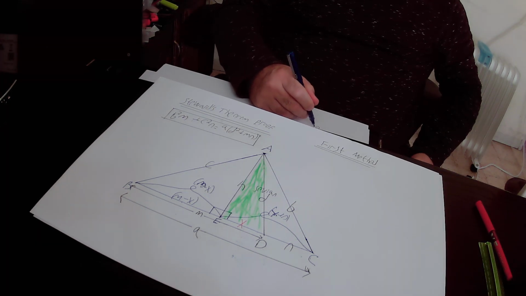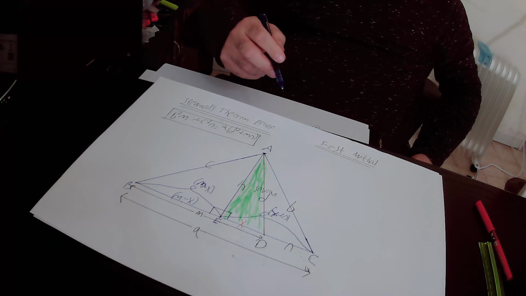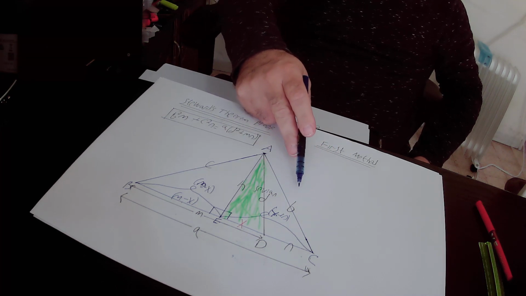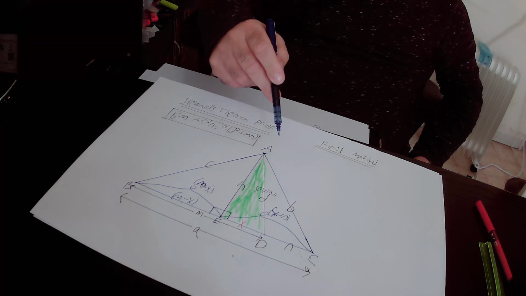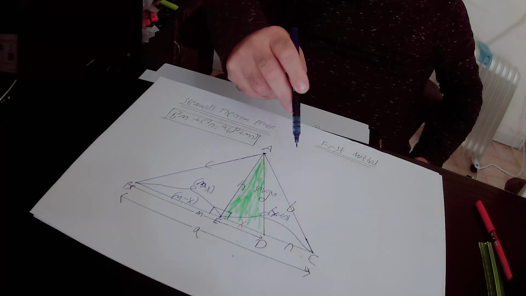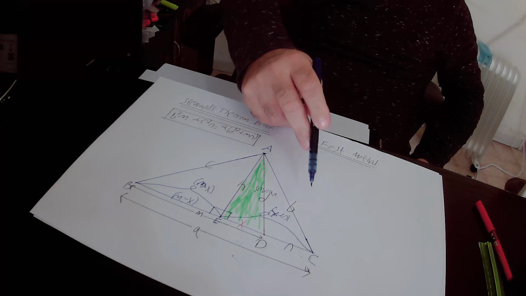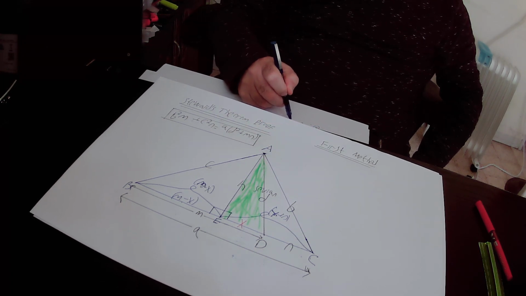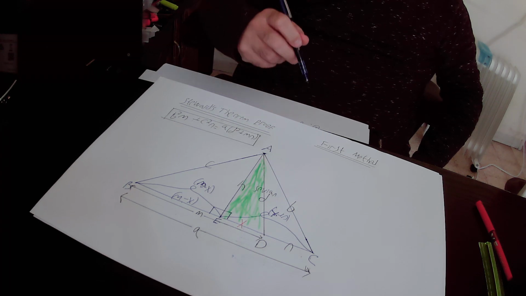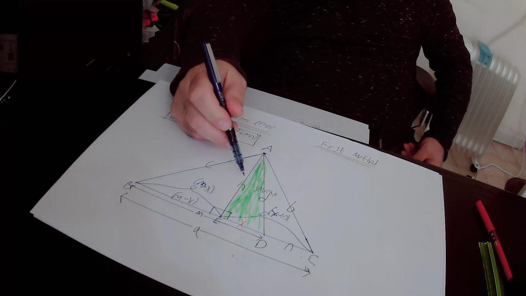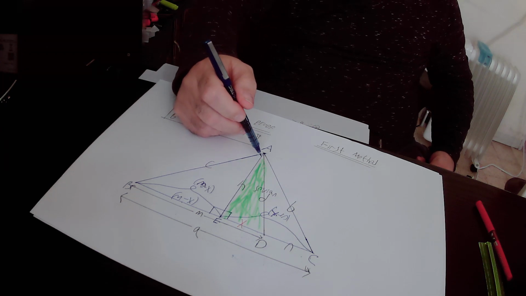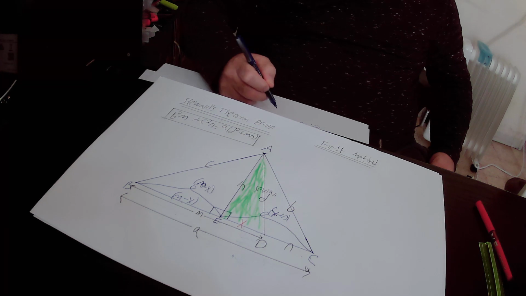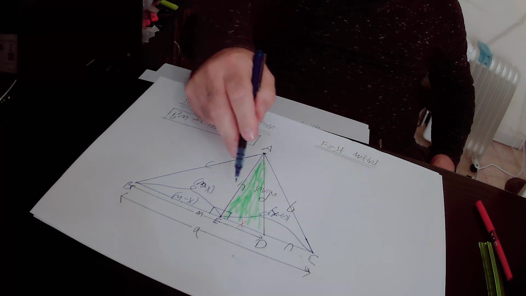So AC is b, or the length of side AC is b units. So we substitute AC by b, therefore AC squared is b squared, and it is equal to AE squared. AE equals h units in its length, therefore AE squared is h squared, plus EC squared.